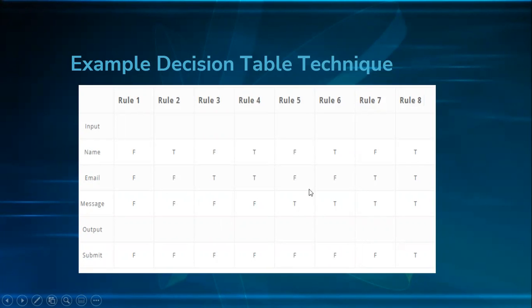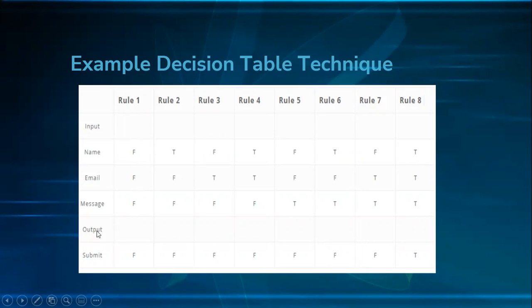So for me to be able to get the combination for the submit button to be triggered, or for the submit button to be grayed out, my first rule is: if you don't enter a name correctly, and you don't enter an email correctly, and you don't enter a message correctly, that's the first rule.